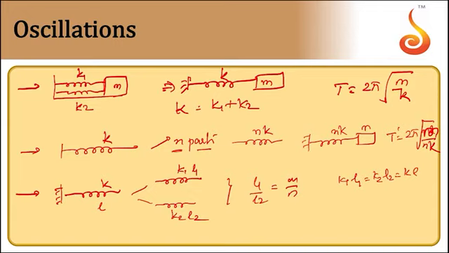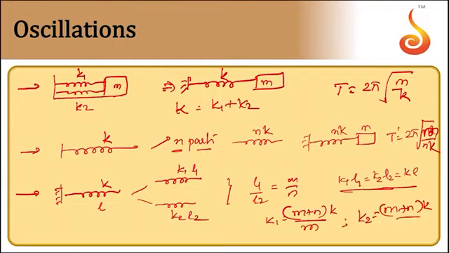So using this one you can find out the spring constants K1 and K2 separately. Right? So if the lengths are in the ratio M and N, then the equations reduce to K1 is equal to (M plus N) into K divided by M, and K2 becomes (M plus N) into K divided by N. Just remember this equation, quite useful for handling numerical problems here.